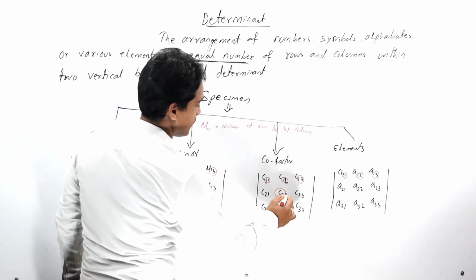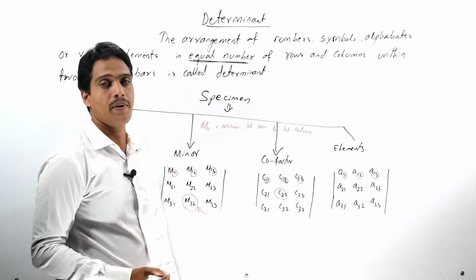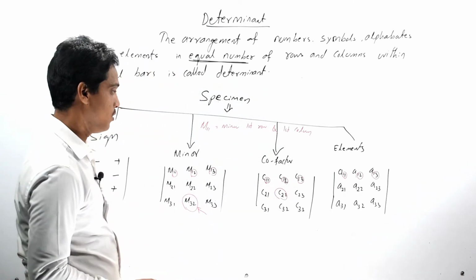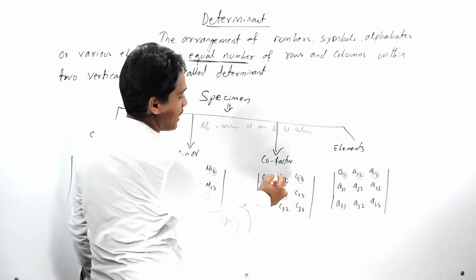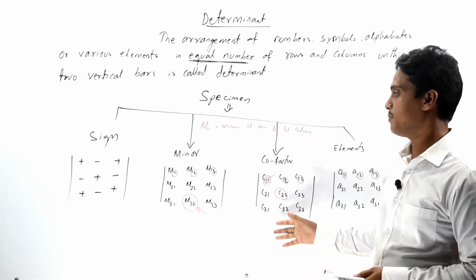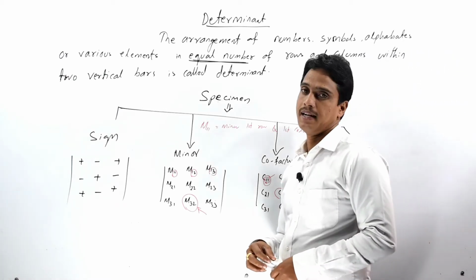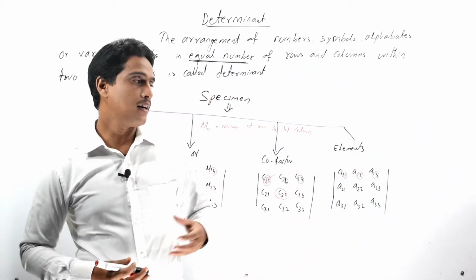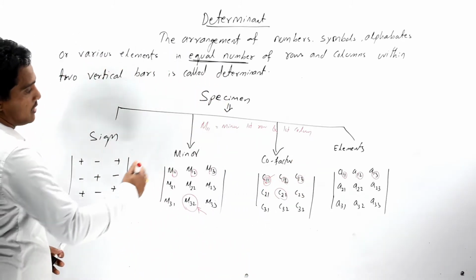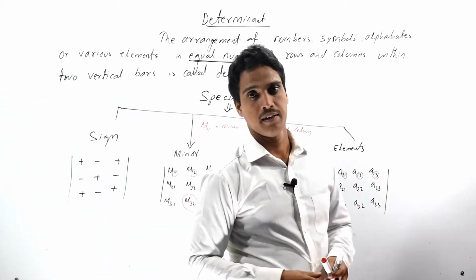Similarly, C22 indicates the cofactor of second row and second column. So the subscripts are used to identify the position of the given minor, cofactor or element in the concerned determinant. These are the various specimens that we should remember in determinants.